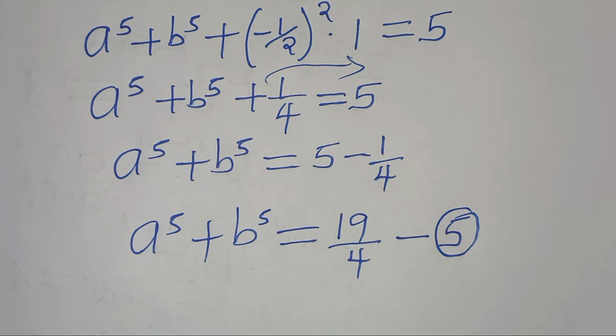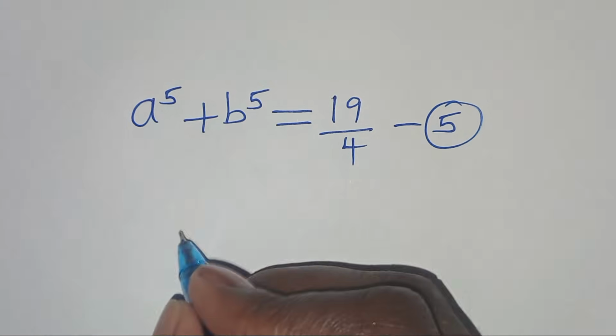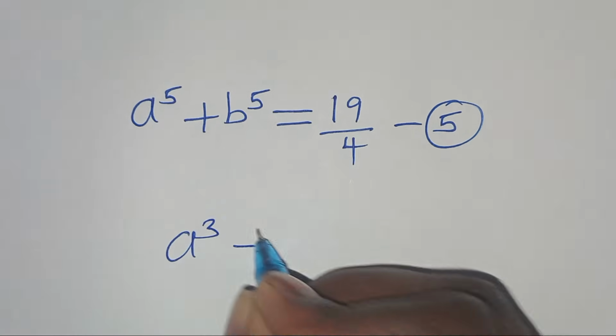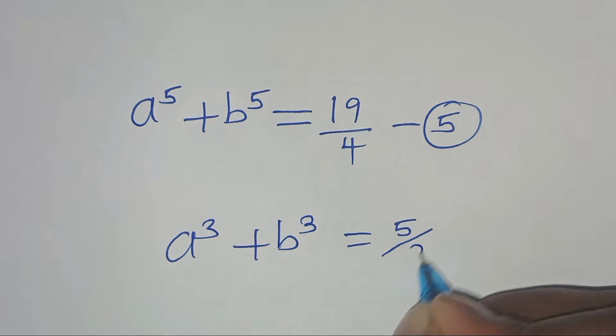Now, the next step from here, from equation 4, which is a to the power of 3 plus b to the power of 3, is equal to 5 over 2.